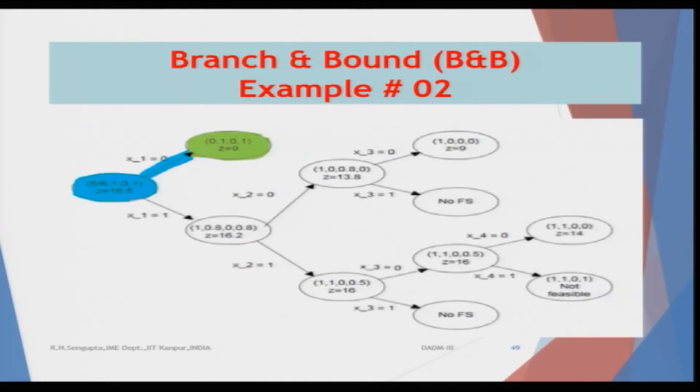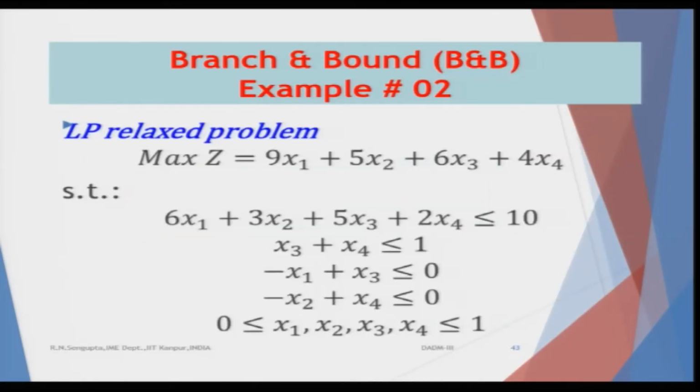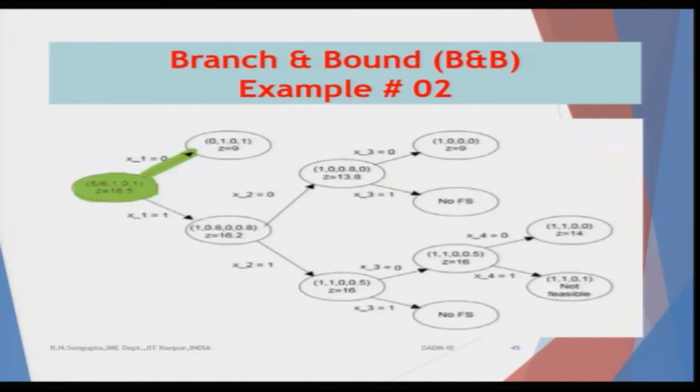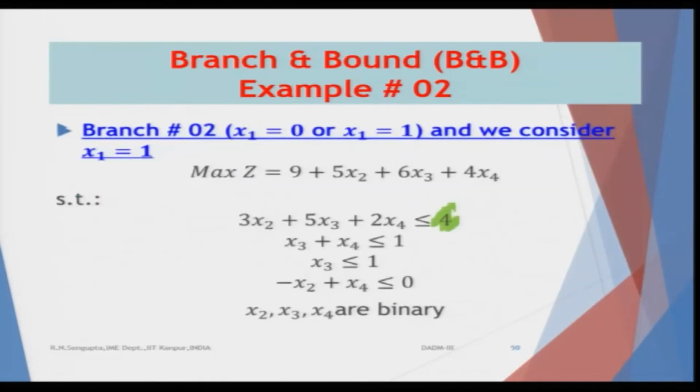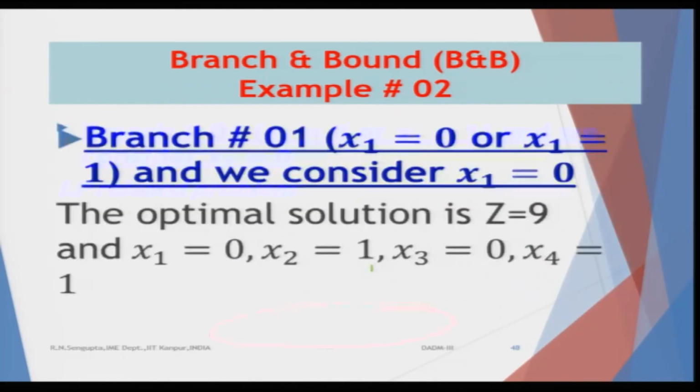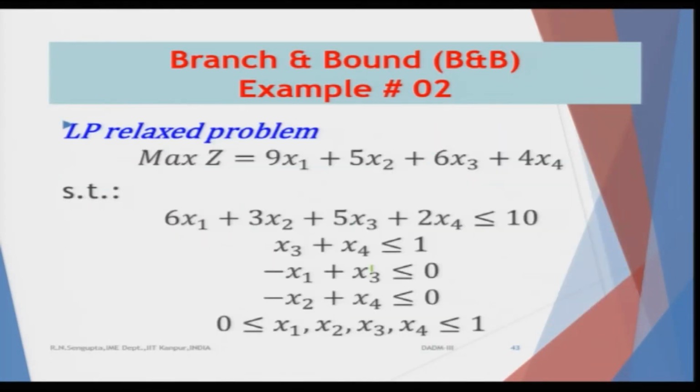The third constraint was minus x1 plus x3 is less than or equal to 0. Now x1 is basically 1, so if I take minus 1 to the right hand side, it becomes x3 is less than or equal to 1. So x3 is less than or equal to 1 is the third constraint. And finally, the fourth constraint, let us check.